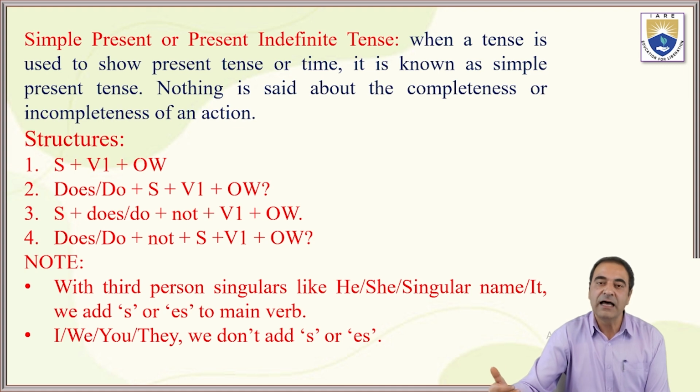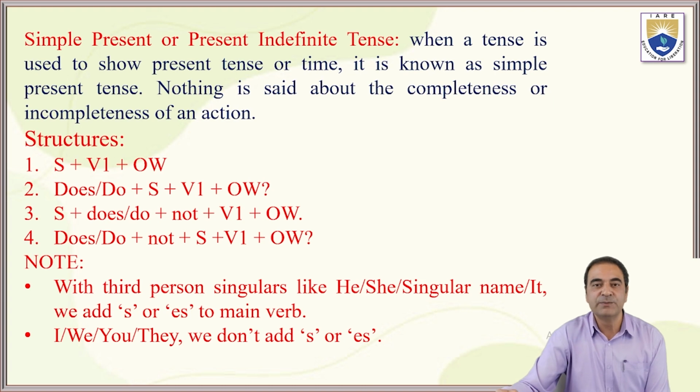Now look at the second structure. How we make helping verb questions in simple present. We make questions with the help of does or do plus subject plus verb in first form plus other words and then question mark. This is the helping verb question. Now the third structure is about a negative sentence. How we make negative sentence in simple present.